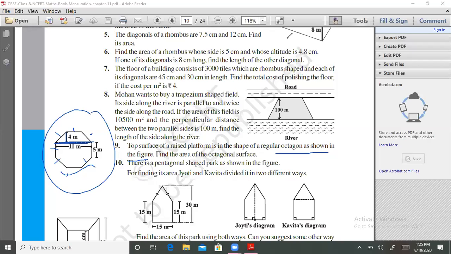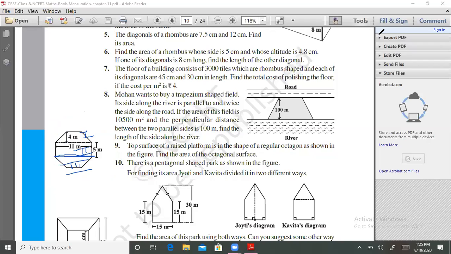So what we will do here, we can divide this figure like this. Now the first figure is a trapezium, the second is a rectangle, and the third is also a trapezium.